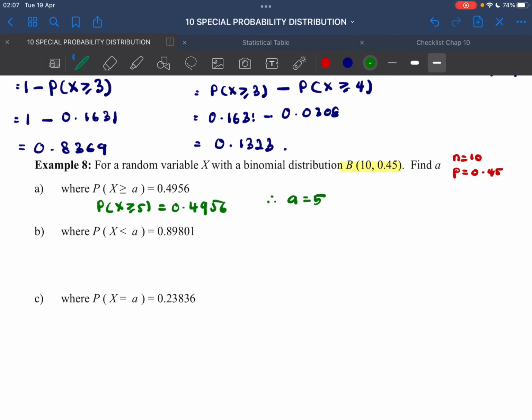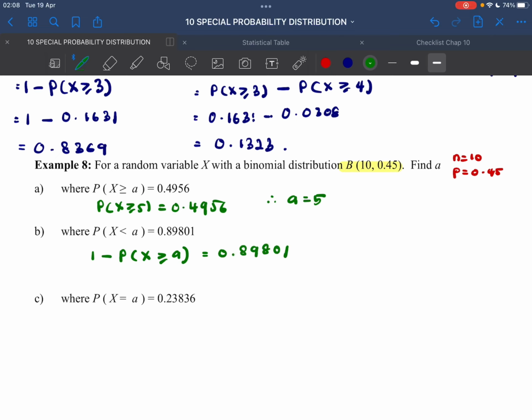Okay, cara yang sama je macam tadi, bezanya kamu cari probability dia dulu yang di tengah. Okay, so now let's see. Next question. P(X < A). Tak boleh tengok table, kena tukar dulu. So we have 1 minus P(X ≥ A), tak ada equal, means kita ambil dia A. Okay, so here we have equals to 0.89801.